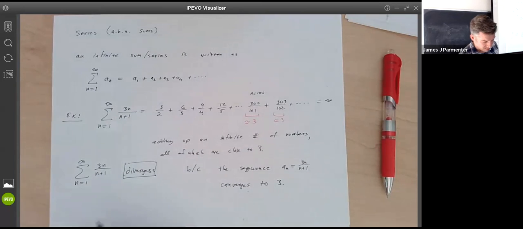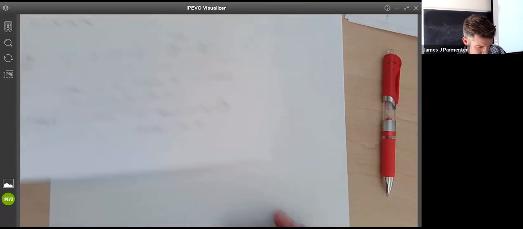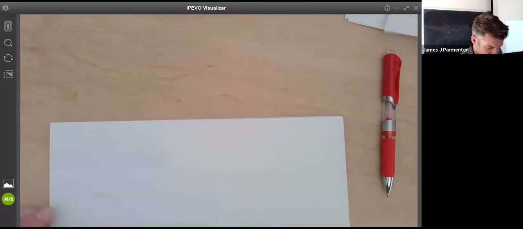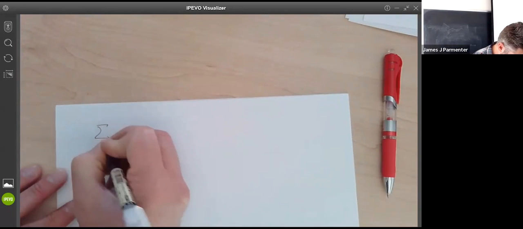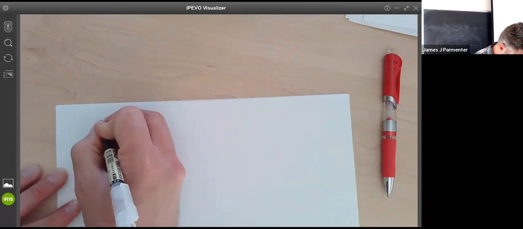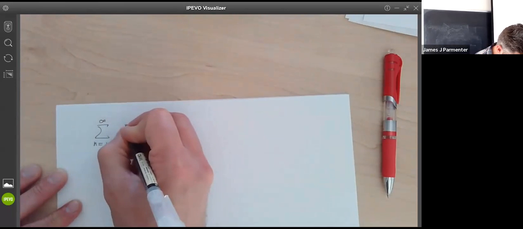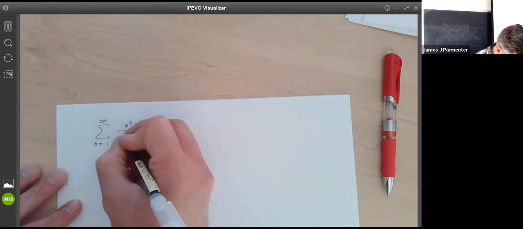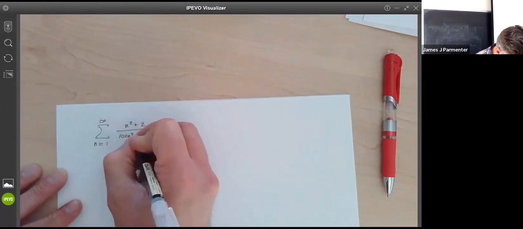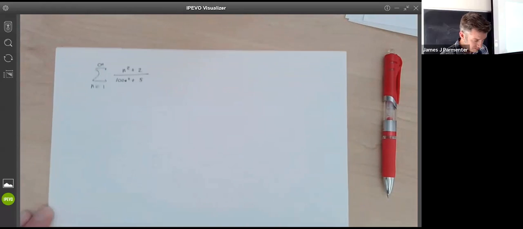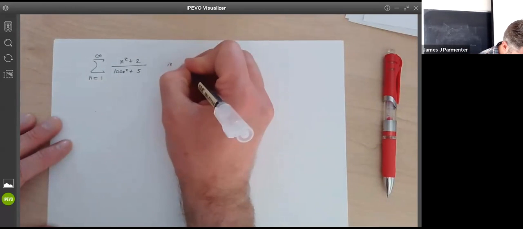And it doesn't matter if they're converging to 3 or something really, really small. For example, for the same sort of reason, this series, n squared plus 2 over 100 n squared plus 5, is also going to diverge.